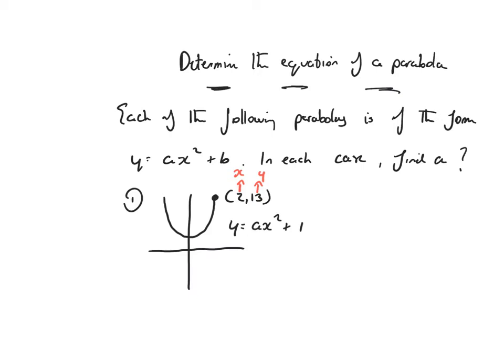So let's sub that in then. y is going to be 13, and that will be equal to a multiplied by the x coordinate squared, which is 2 squared, plus 1.